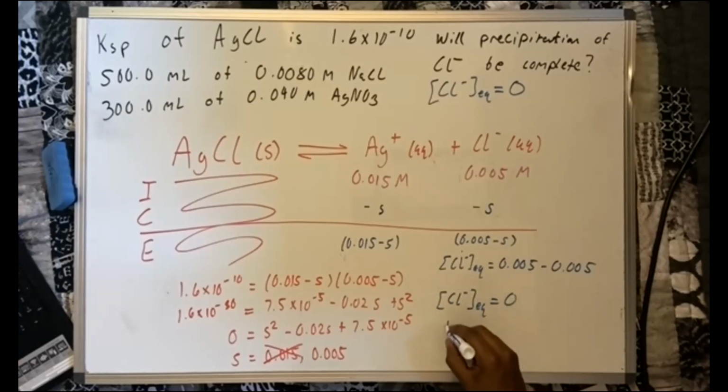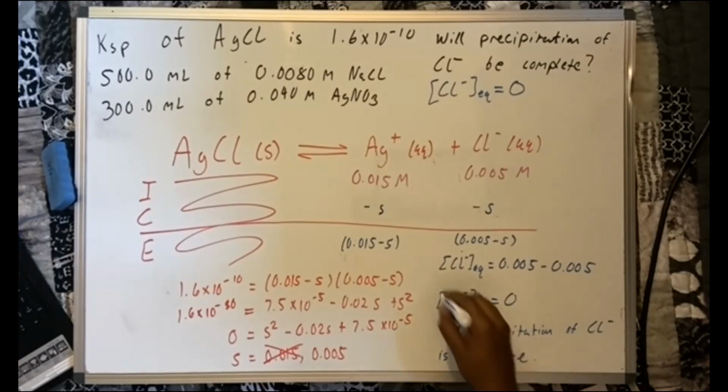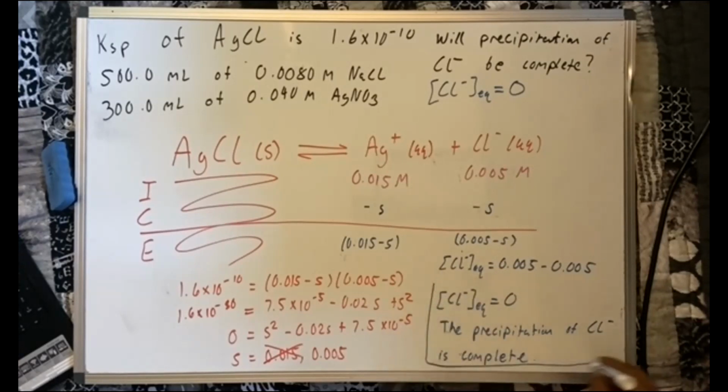So the precipitation of Cl minus is complete. And there it is. There's my answer.